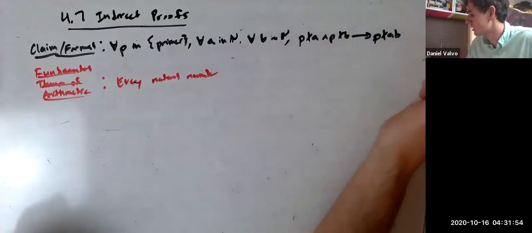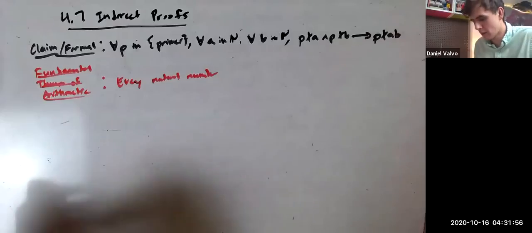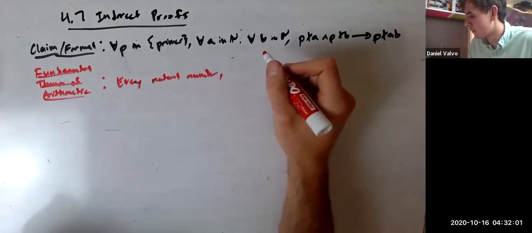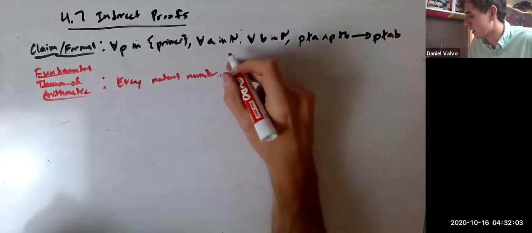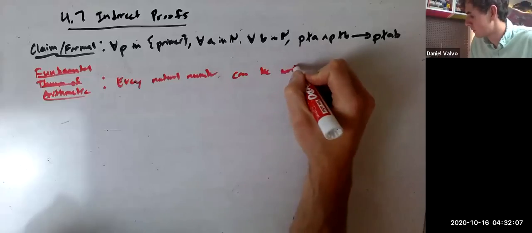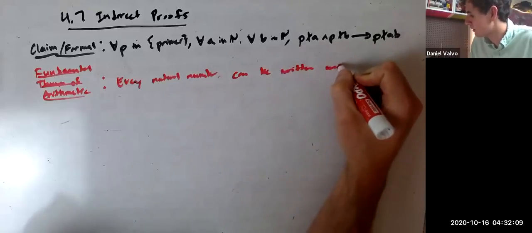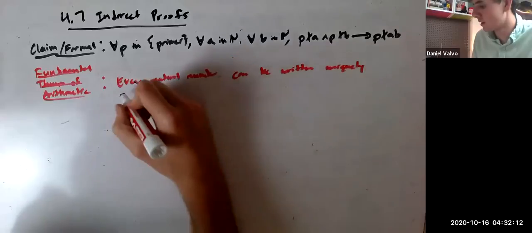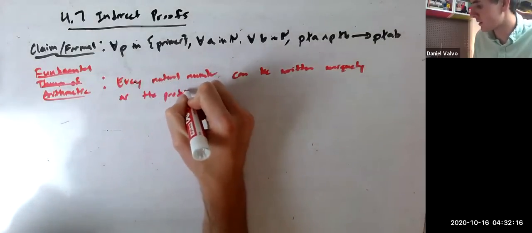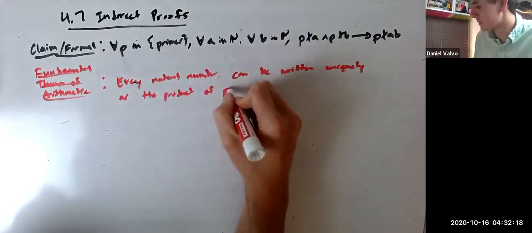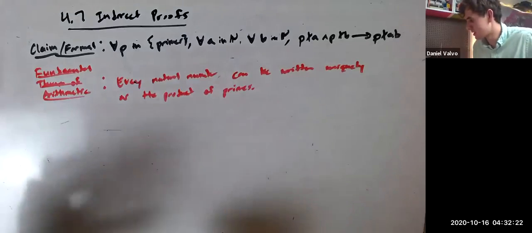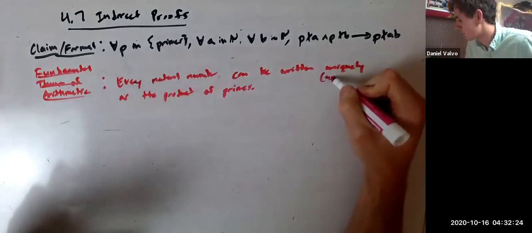Let's just say this. Every natural number can be written uniquely as the product of primes. In this unique business, it's uniquely up to order.